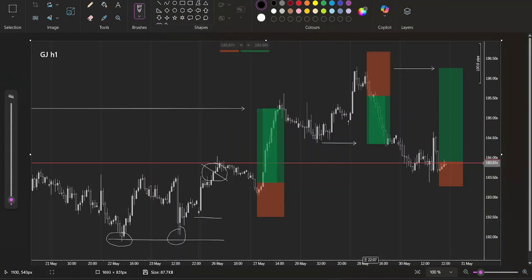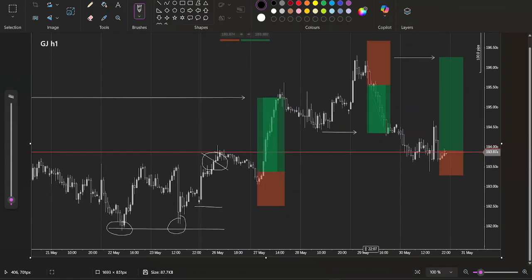Now we got GJ. What we got here to start off, previous week, we got double lows. See, we got this high. We're gonna change, we're gonna get some nice colors. This is cool. And we got this high, right? Once we close above it, look, the circle with the dash, we have power to the upside.